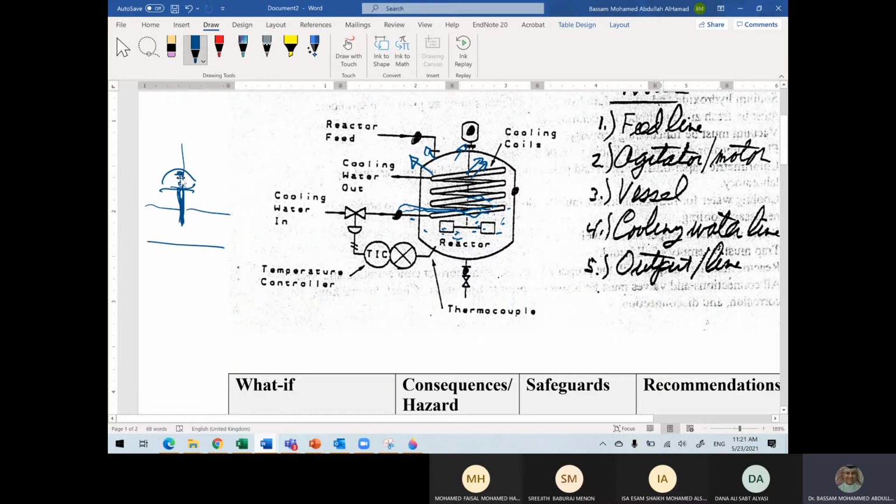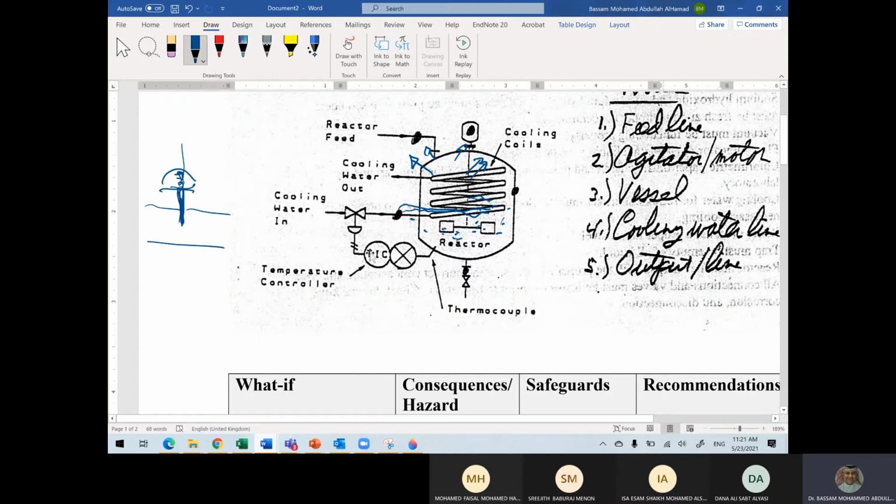So if there is any problem with the spring, the stem, or any of these components or elements, you're going to have a problem where this will not close as required.